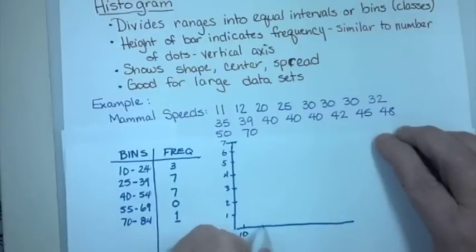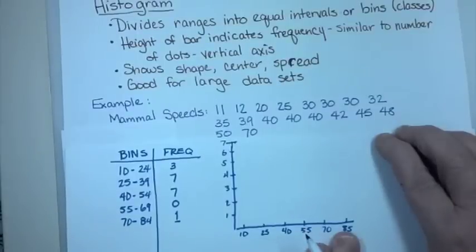So I'm going to go 10, 25, 40, 55, 70, and then the next one would be 85. Okay, so the main thing is it covers the whole range and is equal.